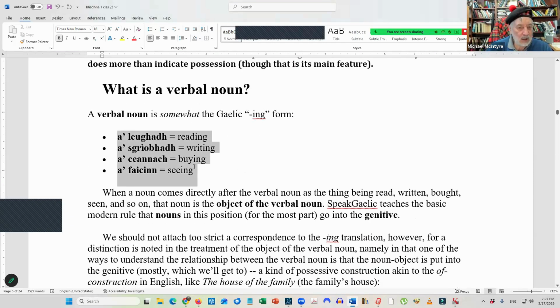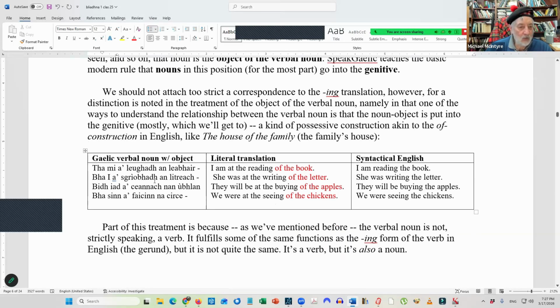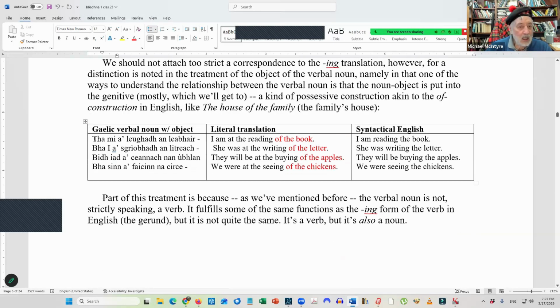Here I'm going to be working with a few verbal nouns: a lévig, a scríbhach, a countach, a fechan: seeing, buying, writing, reading. Here we see some examples. My note here: the noun object of the verbal noun is put into the genitive.